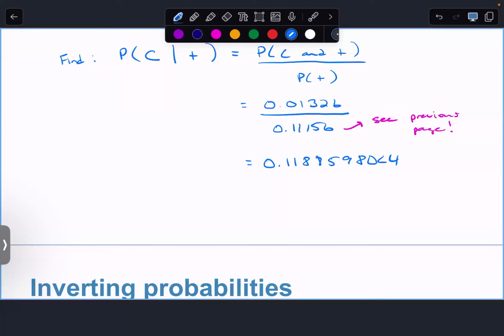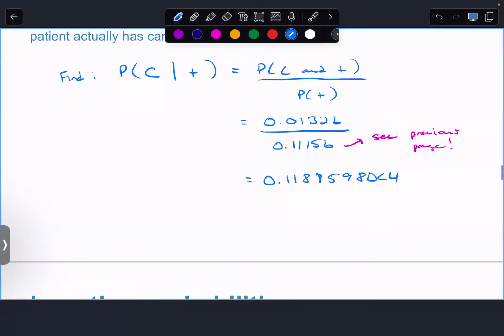That's okay. Which means that the probability that they have cancer, given that it was a positive result, is 11.89%, right? Or 0.1189.